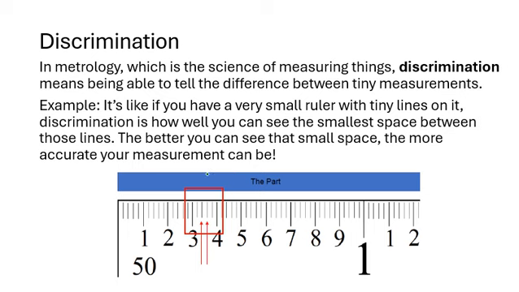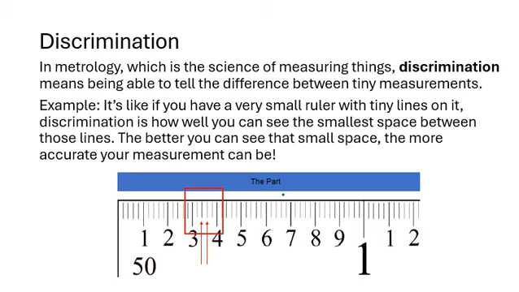So you can take it like discrimination of an instrument. It's related to the degree of precision, but they're different because degree of precision involves other factors like the user's technique or the quality of that tool itself.